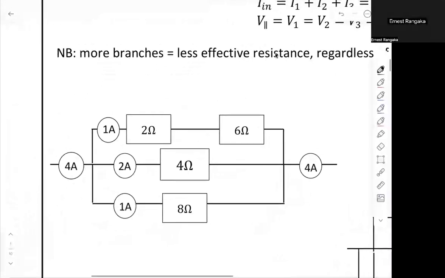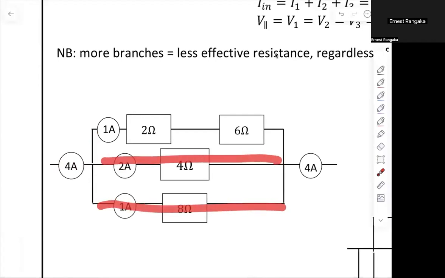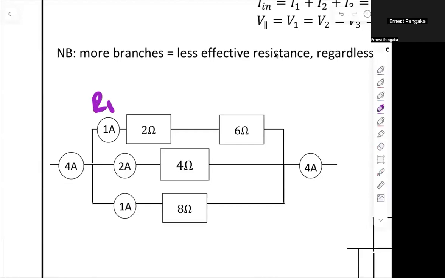So what do I mean by the branches? When you look at a parallel combination, a branch is basically, here comes current, it branches 1, 2, 3. Those are 3 different branches. So here's one branch, here's another branch, here's another branch. When I say R1, R2, R3, what I mean is that R1 is going to be the resistance of anything in branch number 1.